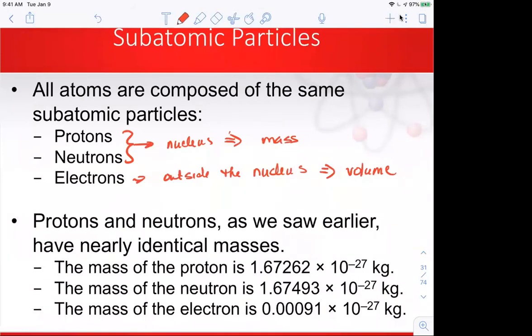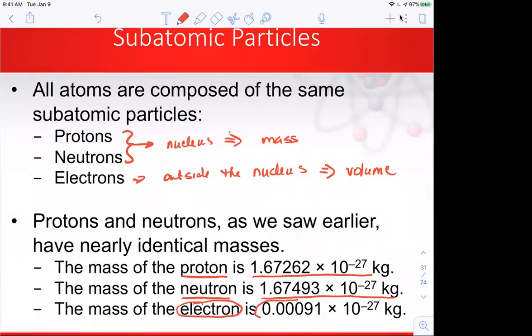So let's look at these masses. One individual proton is 1.67262 times 10 to the minus 27th kilogram. One individual neutron is about the same size. It has slightly more mass. But look at our electron.